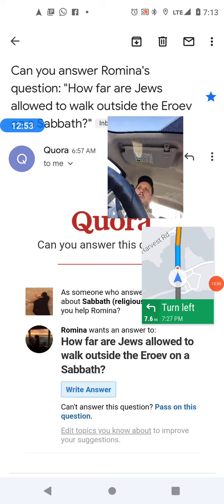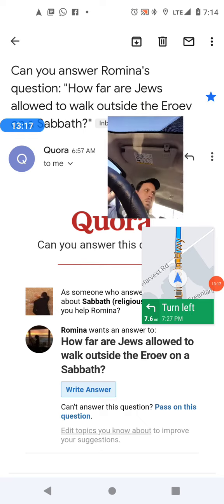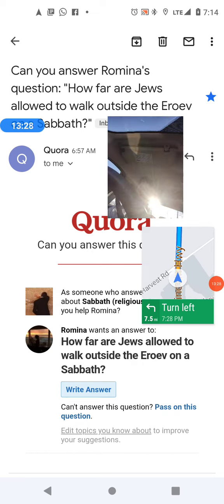And if there are houses outside the eruv that continue, you could walk all throughout Brooklyn, all throughout Queens, all throughout Manhattan, but you probably can't walk over the bridge to Staten Island. The Verrazano Bridge is certainly more than 2,000 cubits, but then the question is whether it's all one city. Legally, no, because there's that distance between one inhabited domain and another.